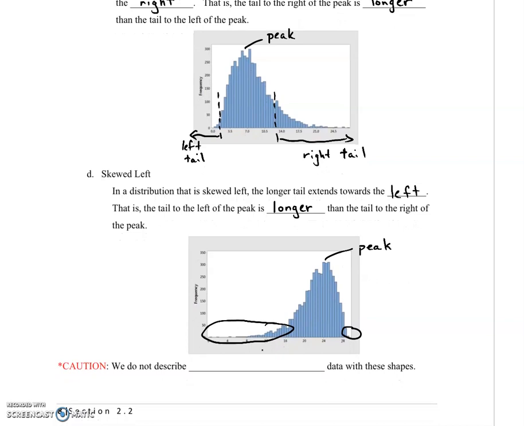Okay, it is extremely important to know that we do not describe qualitative data with these shapes. So these shapes are only used for quantitative data, so data that can be numbers.